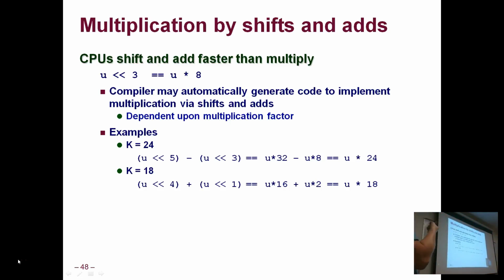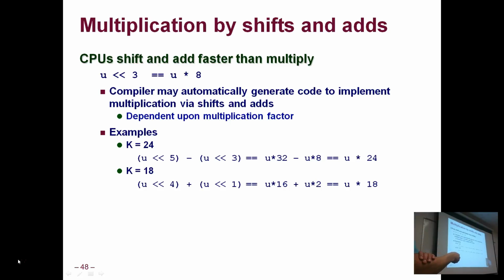So here are some examples, and this you can practice on that practice site. There's a couple of these on the practice site. So if you have a constant k, you're trying to multiply your number u by 24. You could send that to the integer multiplier, say, mulq $24 with my register. Or what you can do is you can shift that number to the left by 5 positions, and then subtract the number shifted by 3 positions.